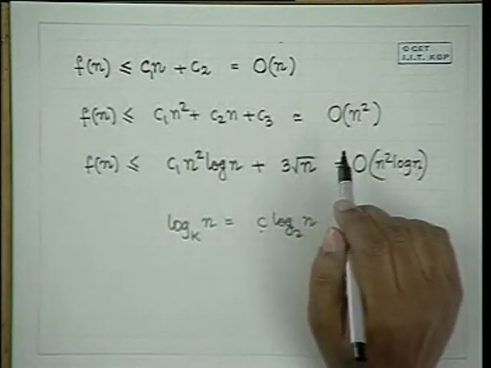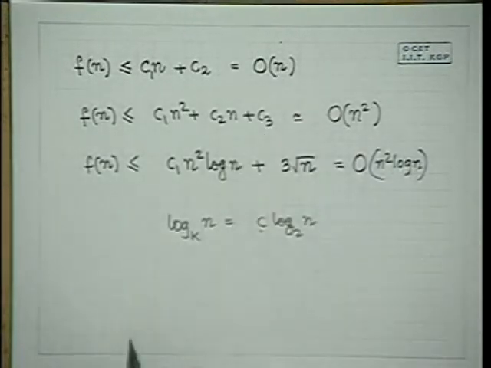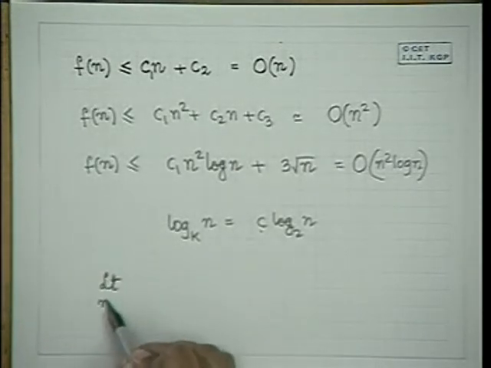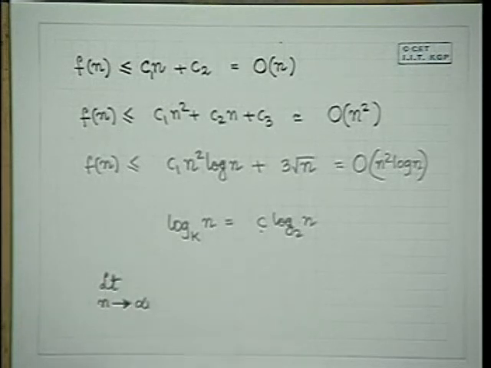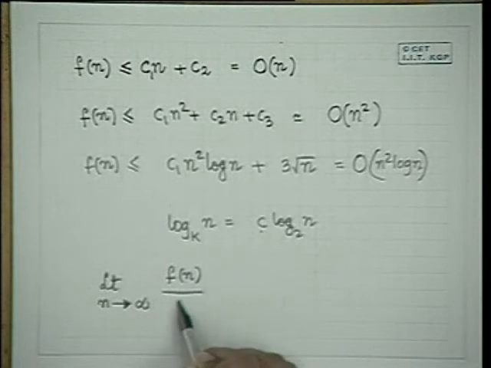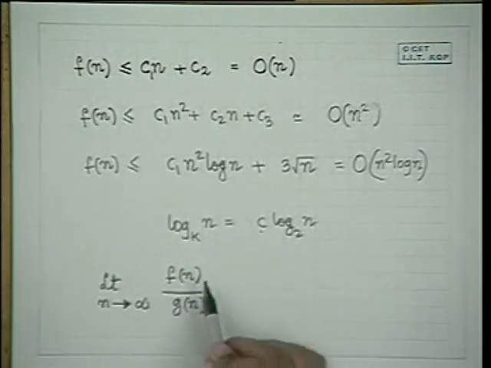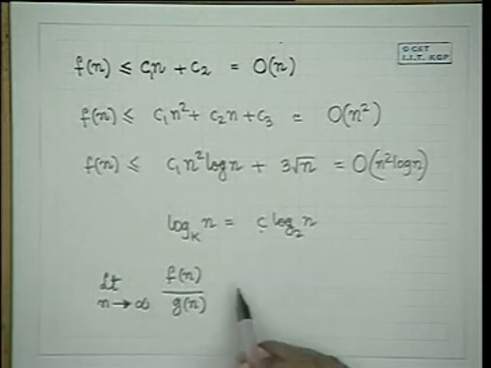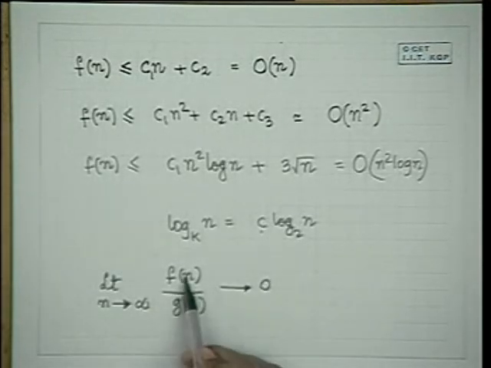Then asymptotically we compare two of them, and we say when limit n tends to infinity, we compare f(n) and g(n) and see which is the smaller of the two. If this tends to 0, then this is better than this.